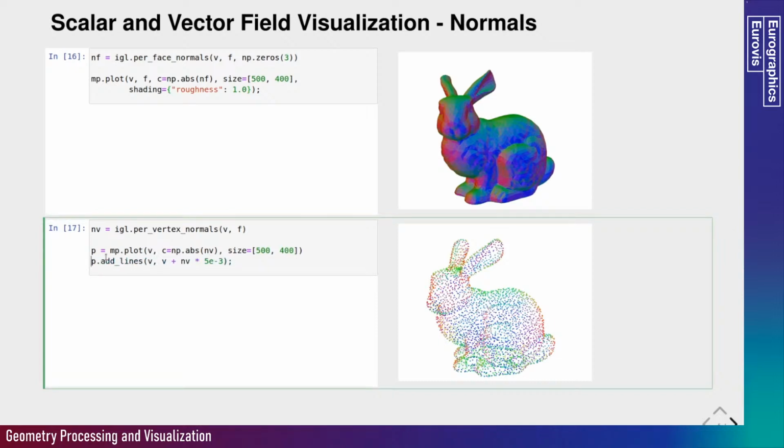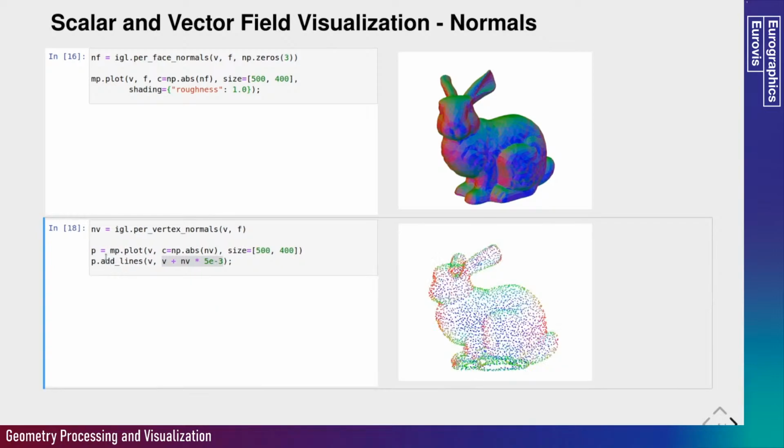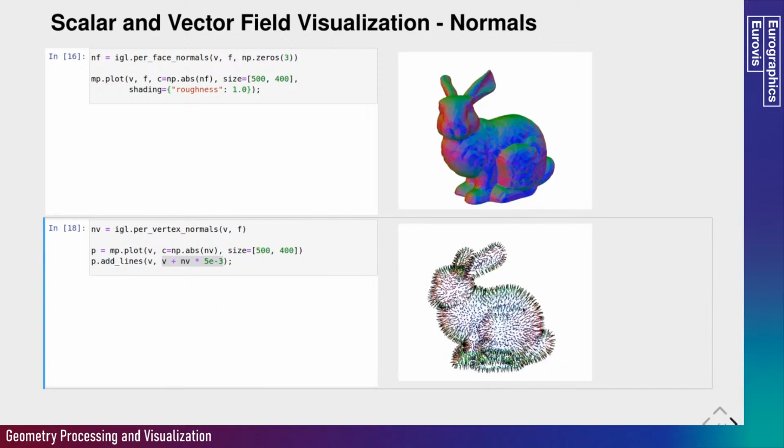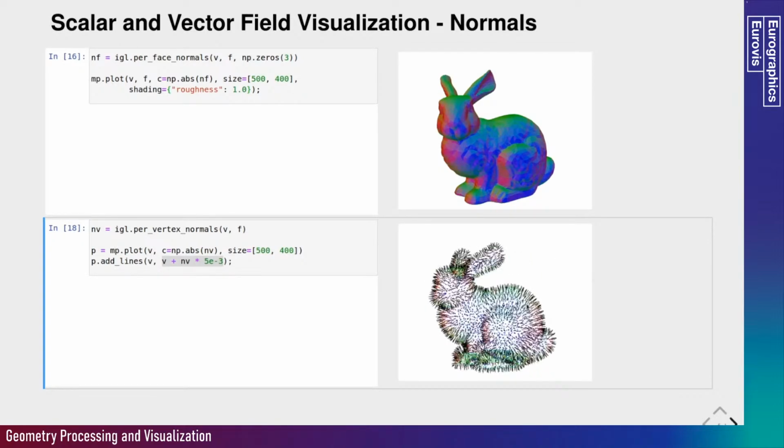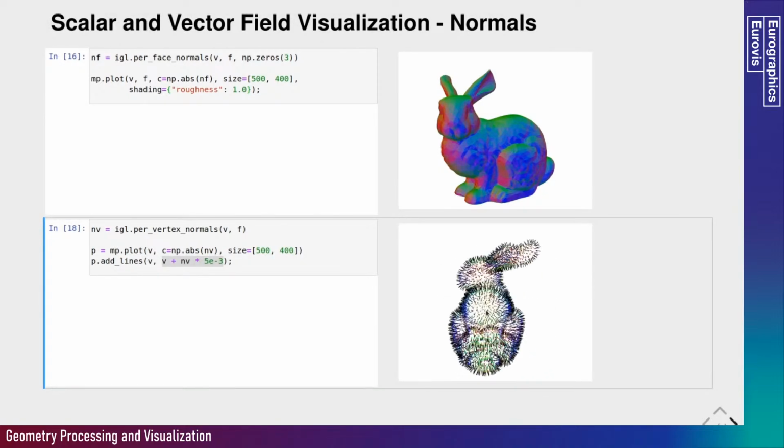We can also add a vector visualization by calling the add lines function on our plot object, and we hand in the starting positions, which are just our points, and the ending positions of the lines, which are just the points plus a little bit into the direction of our vertex normals. Let's see how this looks. If we visualize this again, we see that we not only have the points visualized now, but also the normal directions as vectors or lines.